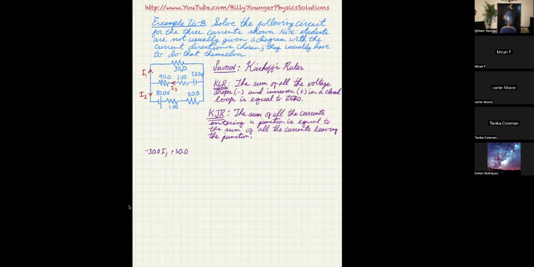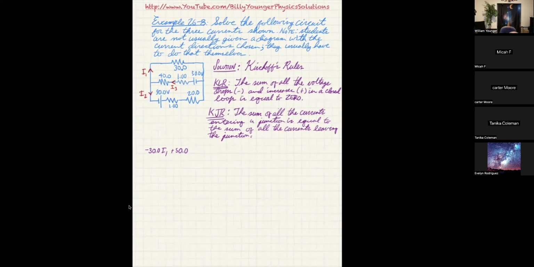Notice everything's coming out in units of volts here because the 30 ohms times I is giving you volts as well. Then I'm going through the 1 ohm resistor again in the direction of the current, so that's minus 1.00 times I3, and then minus 40.0 times I3. Now I'm back to where I started, so I'll just say equals 0. And this was the top loop.